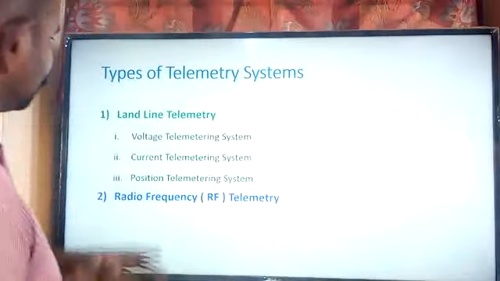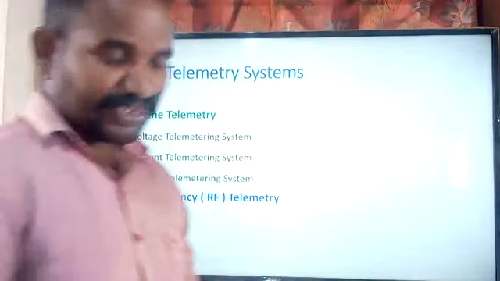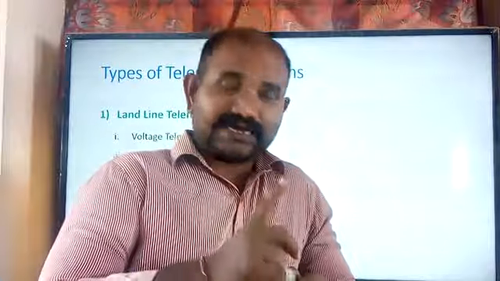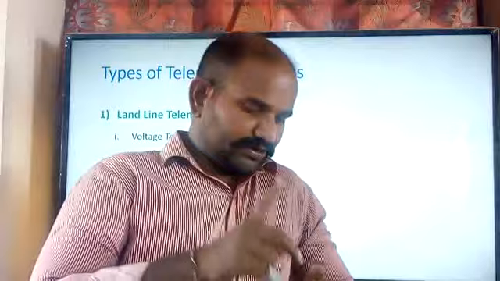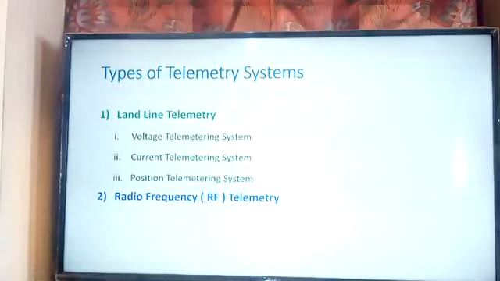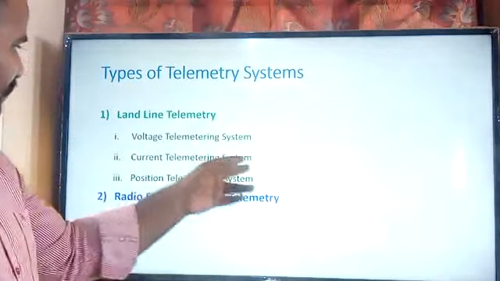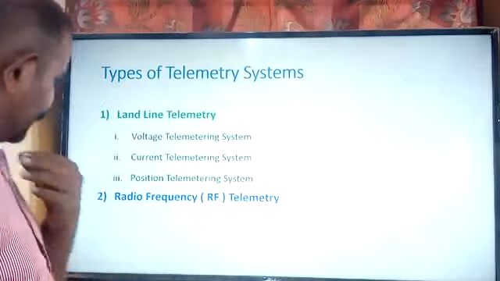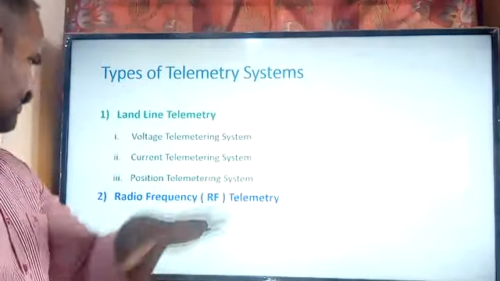It is classified based on the format in which we are sending the data, whether the measured data is transferred using the voltage signal, the current signal, the frequency, or the pulse format. Based on the electrical variables we use for sending the information, it is divided into these systems. And the last one is radio frequency, which we are going to study as we move on.